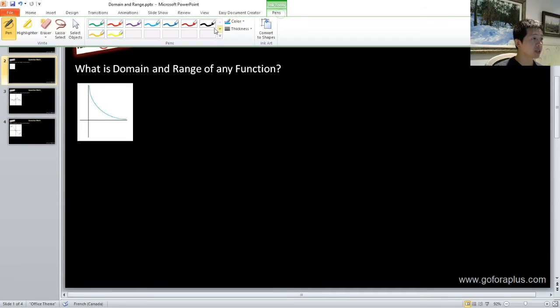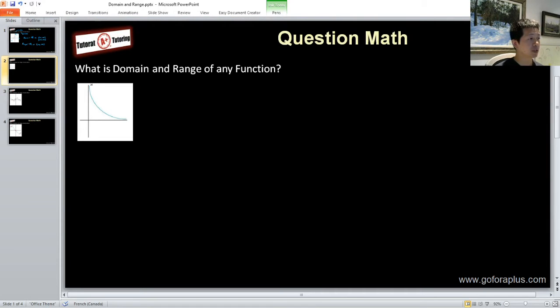If we look at the next example, this is a function that is the inverse function. If you don't understand the name, it's okay. Just follow what the domain is. All the possible x values: if you look at this, it is approaching the y-axis, and this is approaching the x-axis. It never touches, but it's approaching it. So what is the domain of this function?